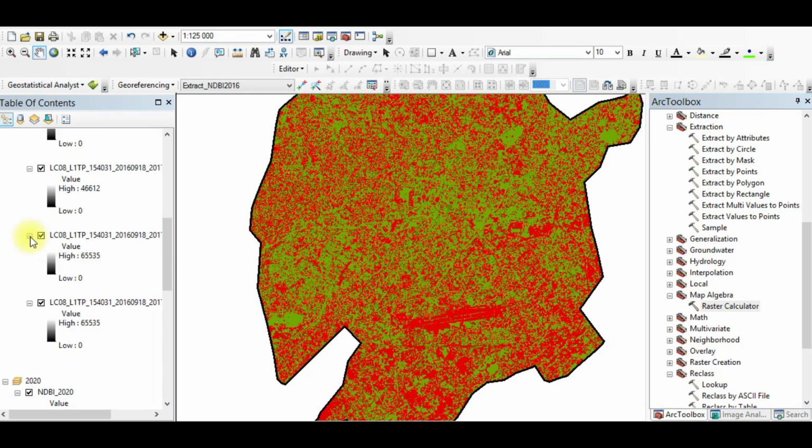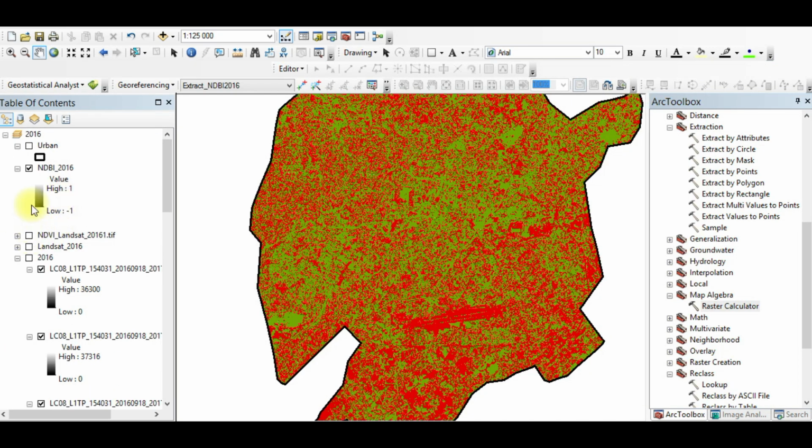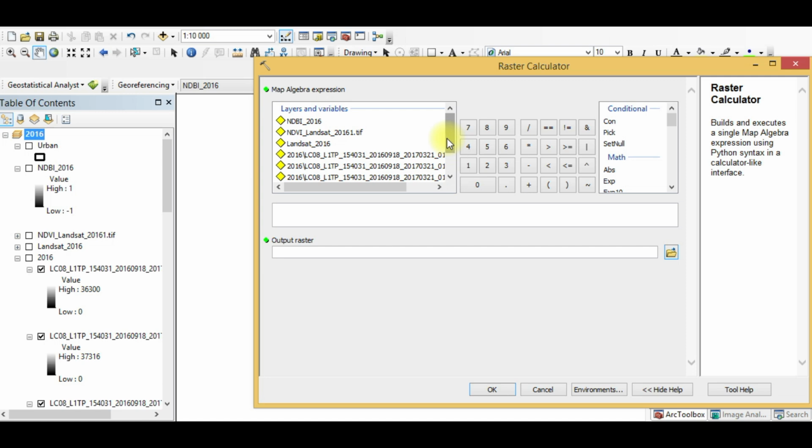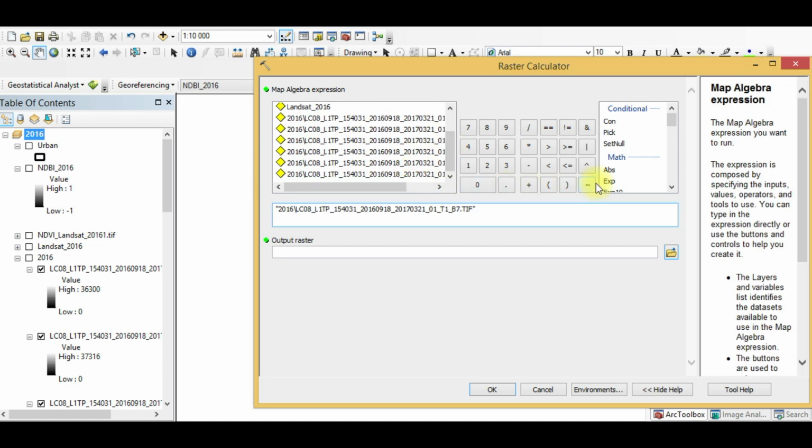So again, second shortwave infrared. I will close here. Go back. Raster calculator. So the second is the last one. I forgot to use the float. Minus near infrared, divide, float, plus near infrared.